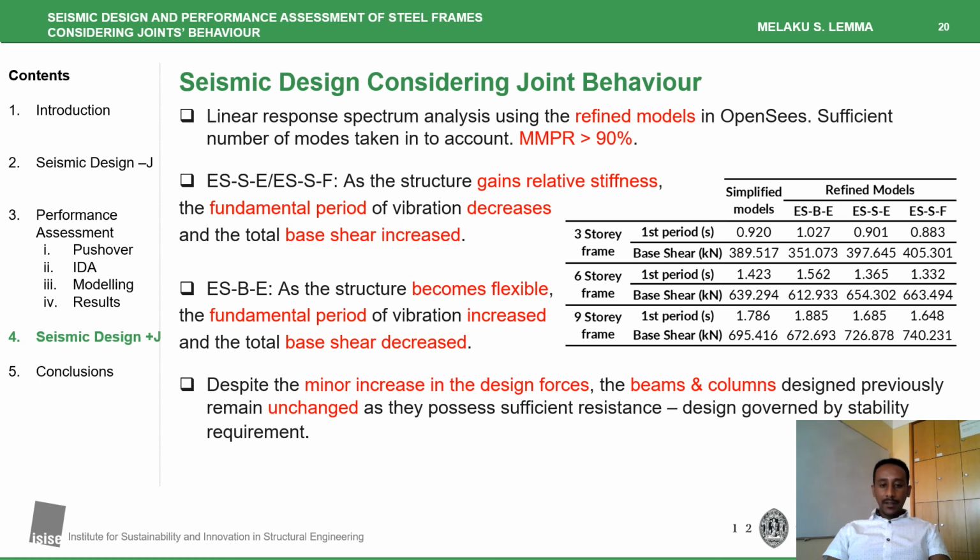Nonetheless, the minor increases in the design forces could not surmount the level of over-design that was there due to the stability requirements, and therefore the designs remained unchanged.